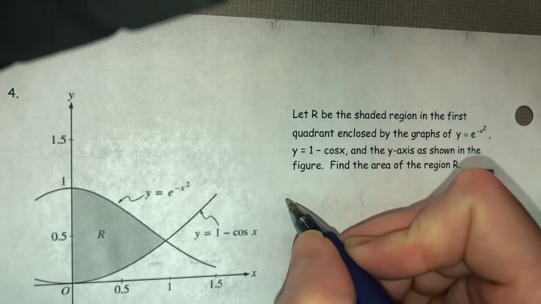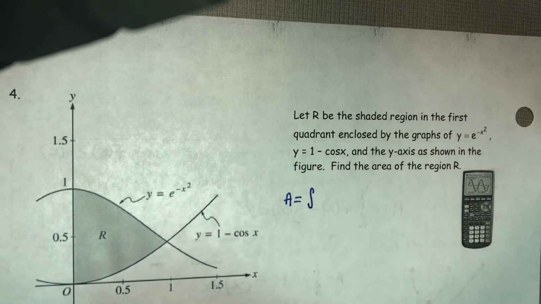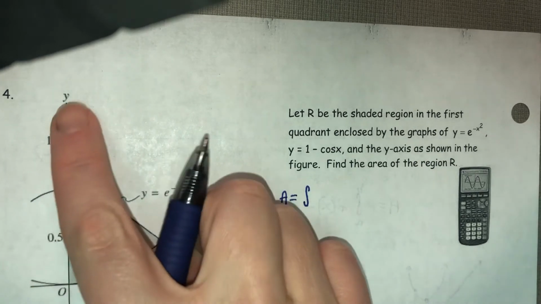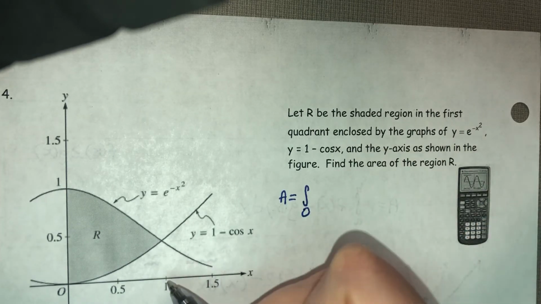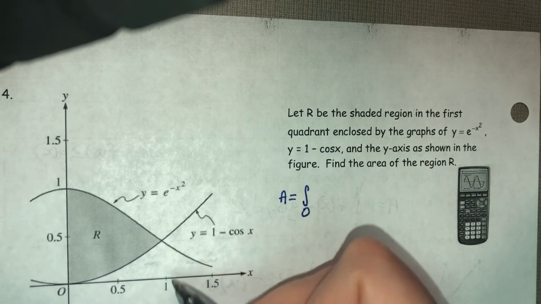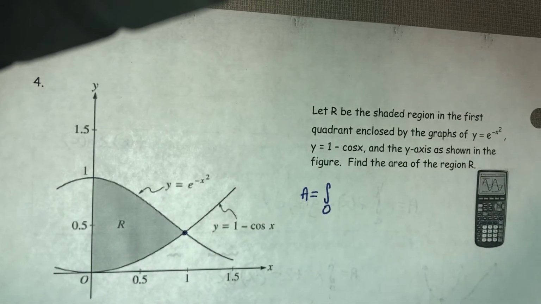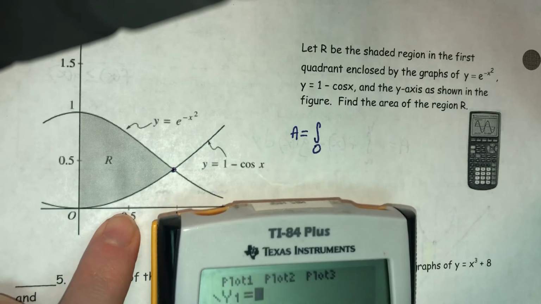So the area is equal to the integral from the leftmost x value, which is, since we're going from the y-axis, going to be 0, to the rightmost x value. And it looks like it's close to 1, but we don't actually know this intersection point, and we do need to know that intersection point in order to figure out what the upper limit of integration is.